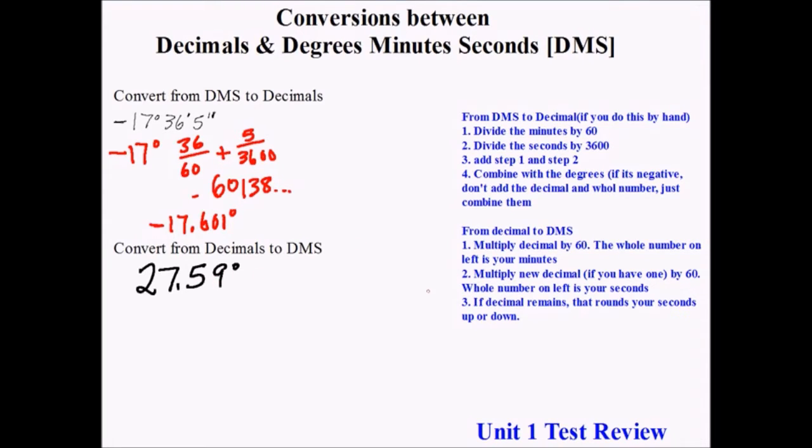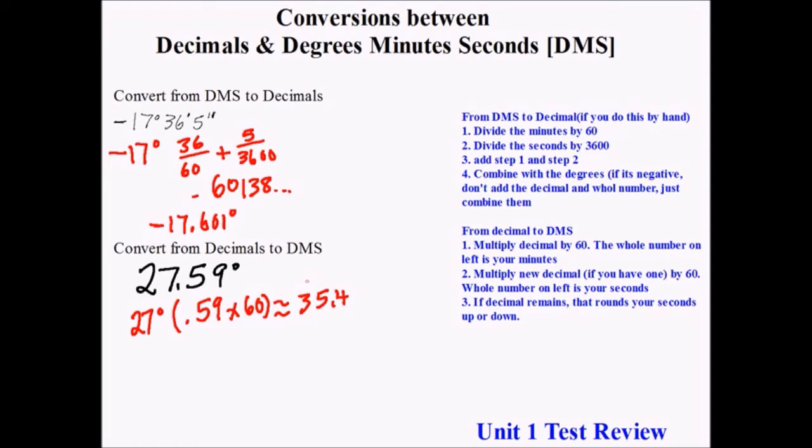To go the other way, you try to get rid of your decimal. So first and foremost, if I have 27 degrees, because that's on the left, then you have in parentheses 0.59 times 60, and that's going to give you a whole number and a decimal number. So this is going to be 35.4.